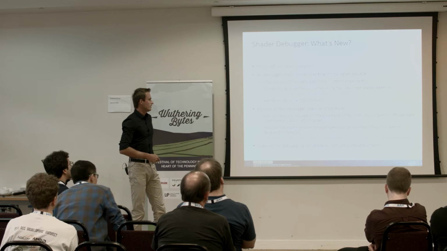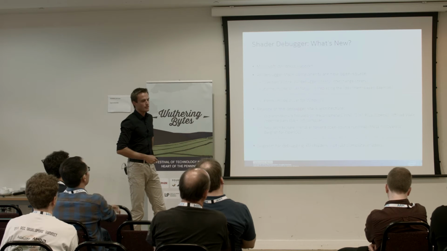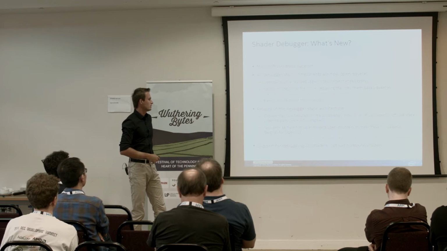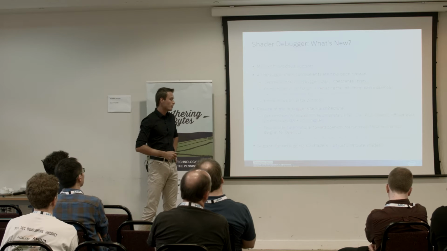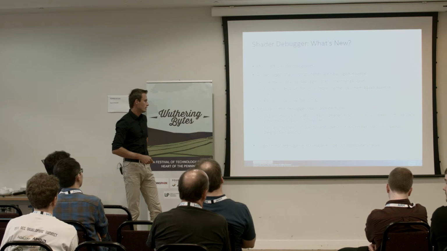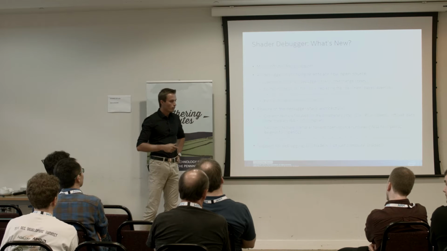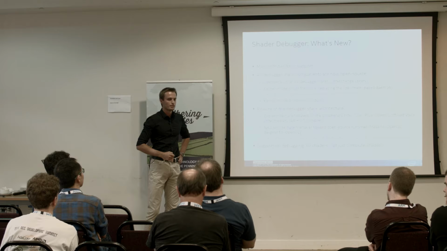The Beignet runtime for OpenCL as well, the same thing, doesn't use an intermediary ISA. It compiles directly to Gen ISA, so there is absolutely no JIT compiler involved. So we had to adapt also to this scenario.